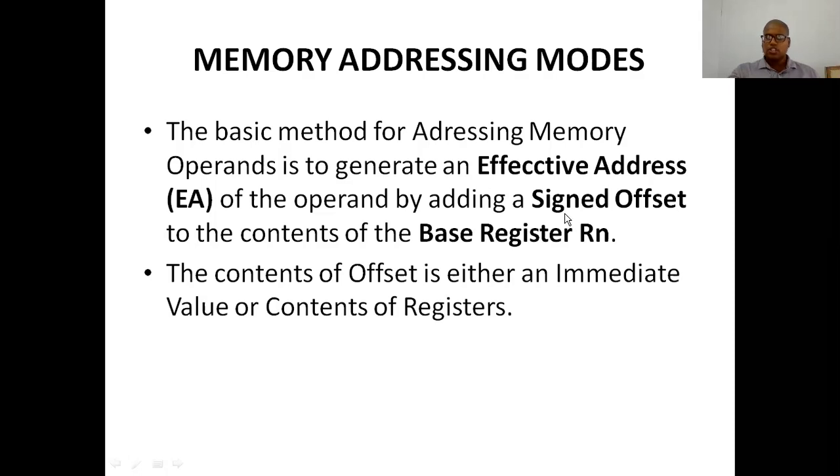After adding these two values, the base register value and the signed offset value, we get a new value that will be referred to as the effective address. Don't bother much. After one or two slides, we'll get a diagrammatic explanation of all these topics. Here we will discuss what is meant by effective address.